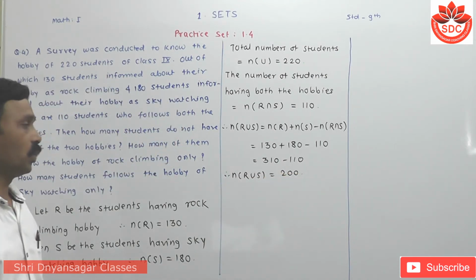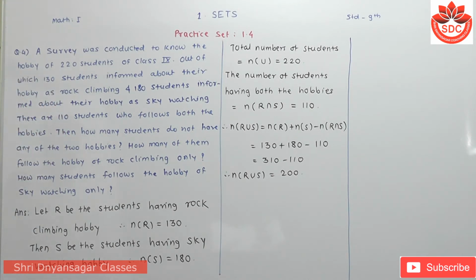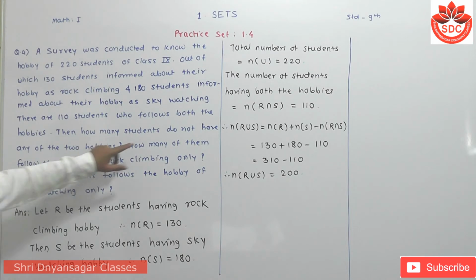Subtraction becomes 200. Okay, then we have to find the number of students not having any of the two hobbies.